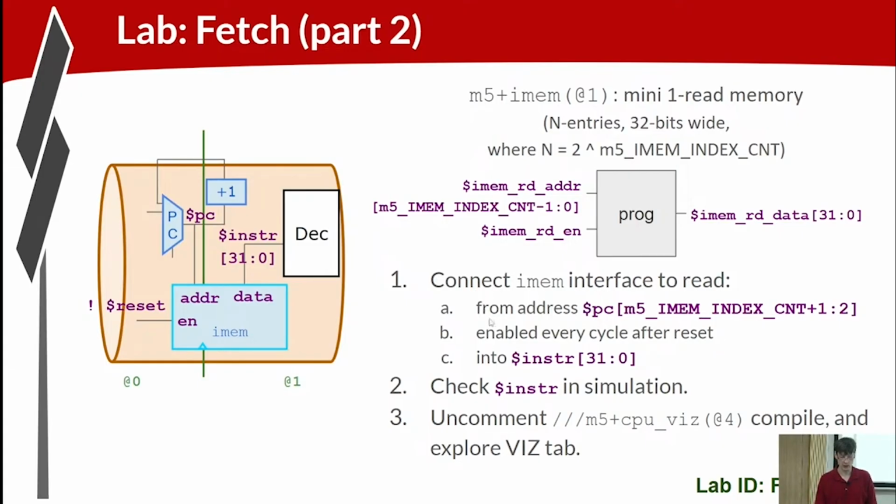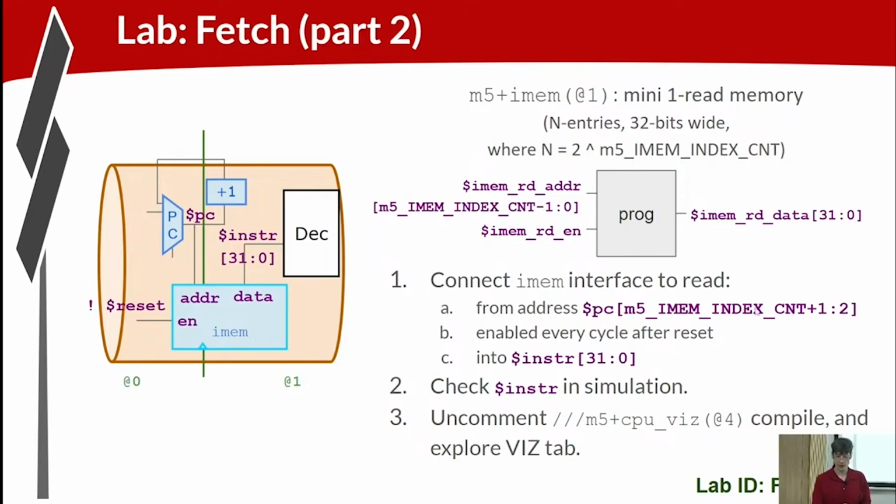And we'll connect up the instruction memory so that the read address is hooked up to the program counter bits down to 2. As I said, the instruction memory is going to be sized appropriately for the program, so we need to parameterize its size. We have this constant, referred to as m5_imem_index_count, that tells us how many bits we need to index into the structure.